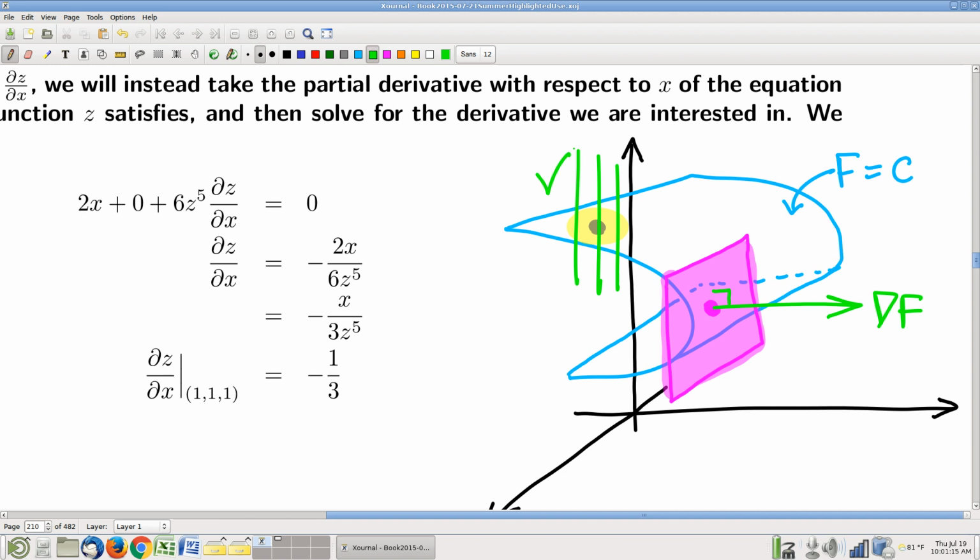When the algebra's over there on the left, we'll start talking about the algebra in a moment. But we have to worry about the same problem that we're worried about in the single variable case. Just because most of the time nearby we'll pass the vertical line test and therefore have z as a function of x and y, that doesn't mean it always happens. And so here's the case where it doesn't happen. Look at this point there, where there's a vertical tangent plane.